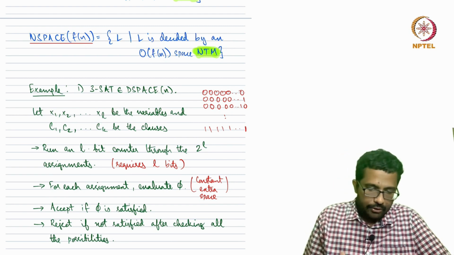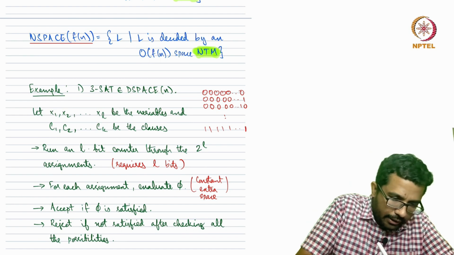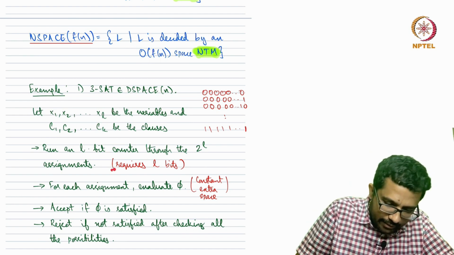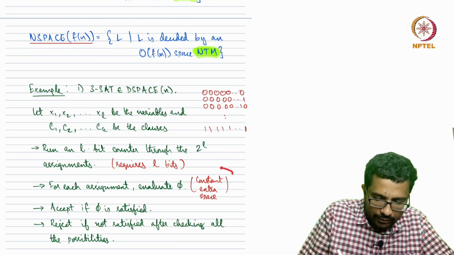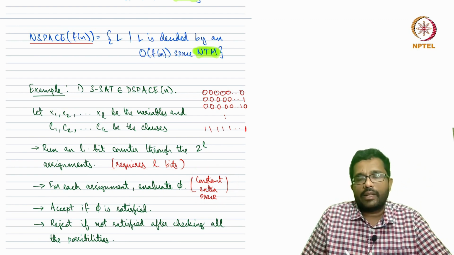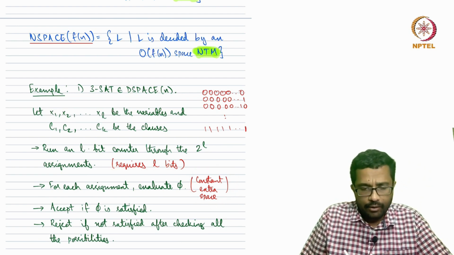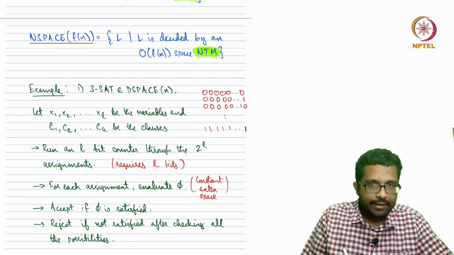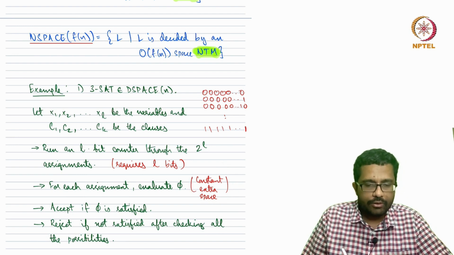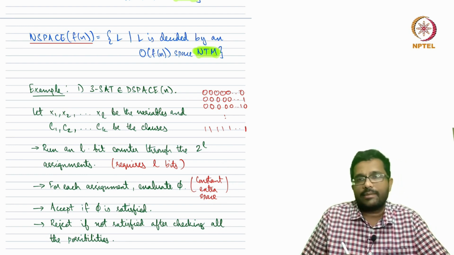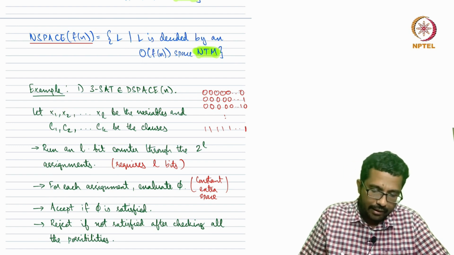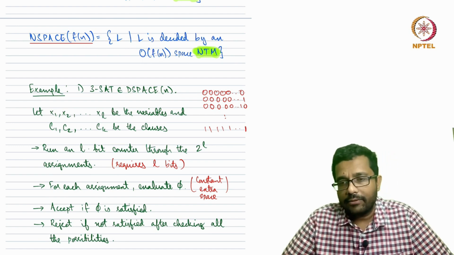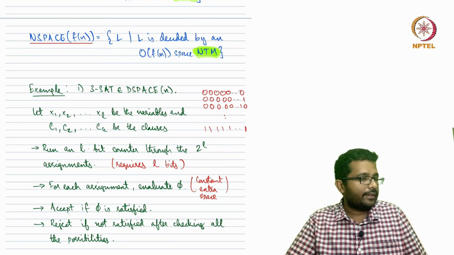So for the counter we need L bits, because it's an L-bit counter, and to evaluate the formula for a specific assignment, you can just look at each clause and see whether it is true or not. Maybe some constant, 3-4 bits of extra space may be enough, maybe 5 bits, at most 10 bits, right?